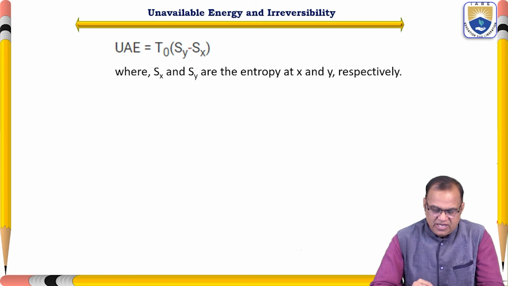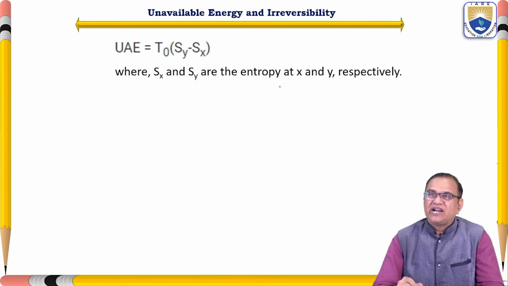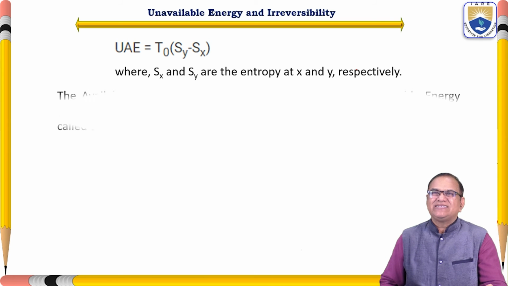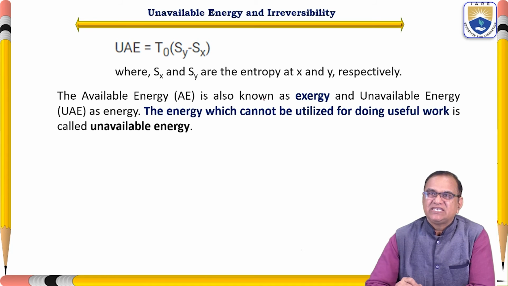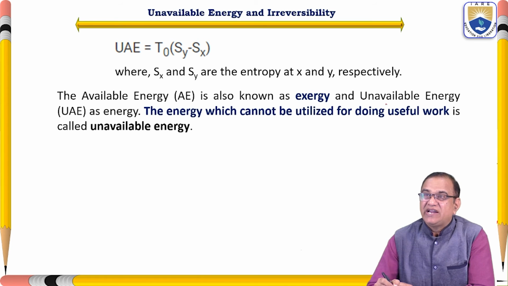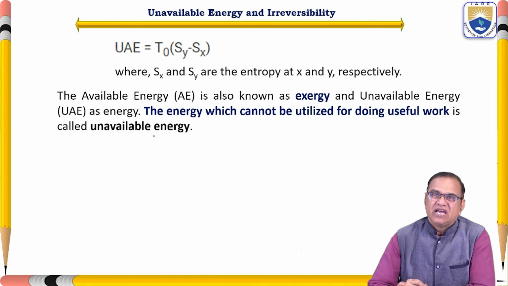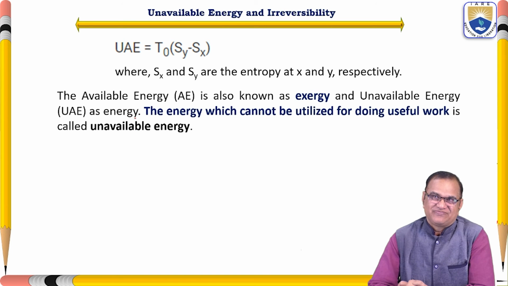Here SX and SY are the entropy at X and Y respectively. And the available energy is also known as exergy, and the unavailable energy as anergy.